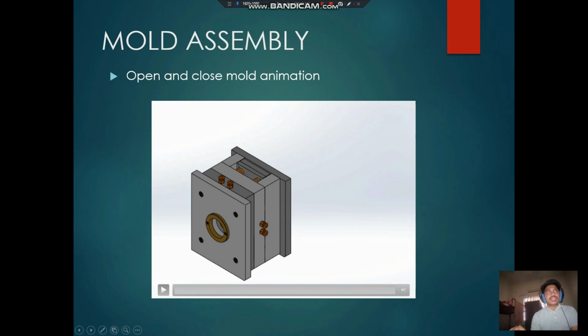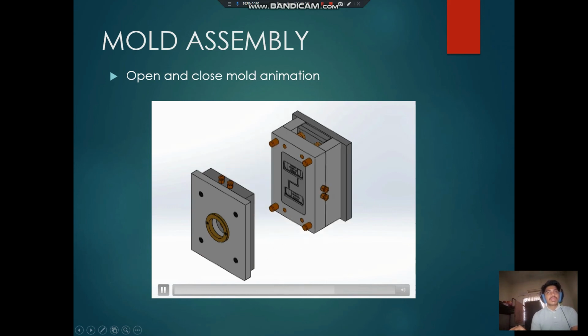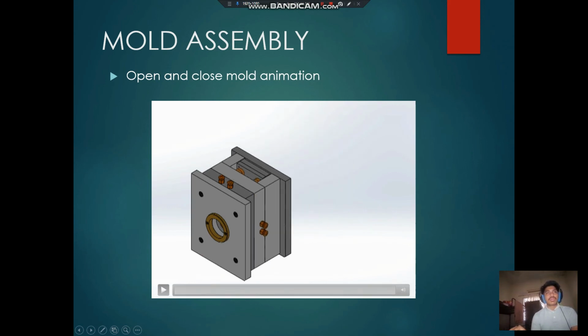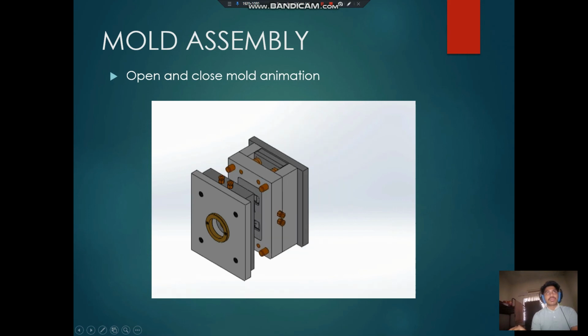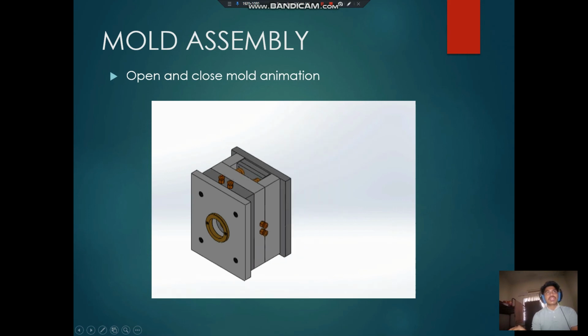Next, this is the open and close mold animation. Mold open and close.